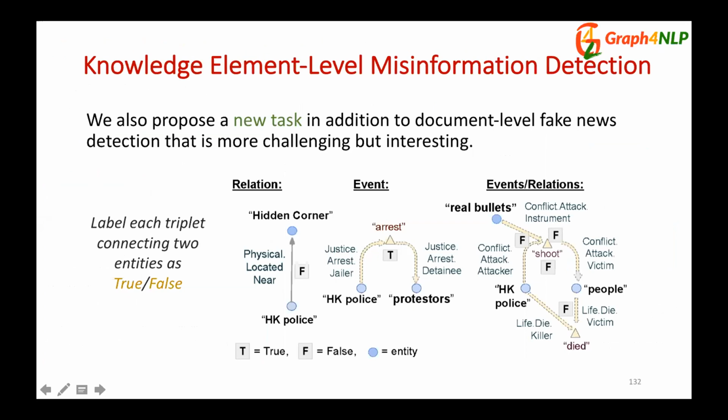So the task simply becomes looking at every triple of two nodes and one edge, determining whether it's fake or true information, and then using that as features to determine whether the whole document is fake or not.